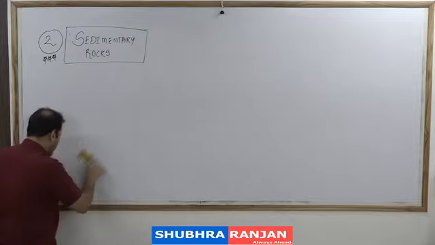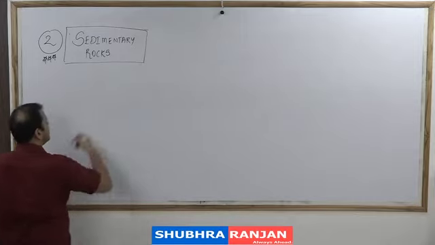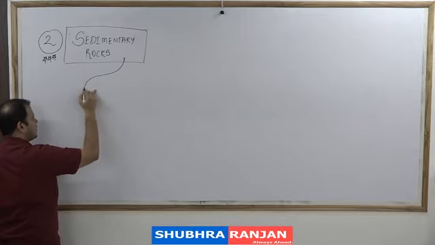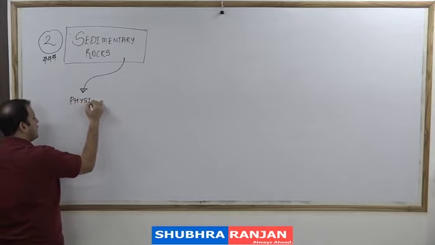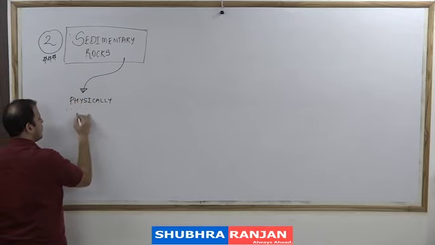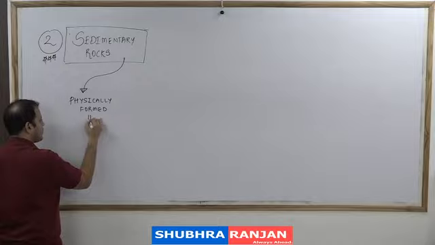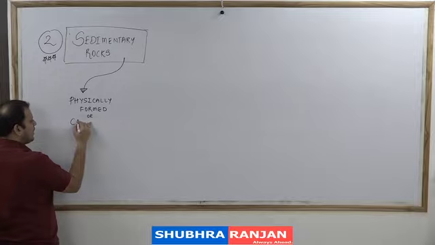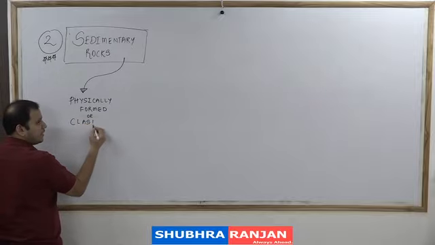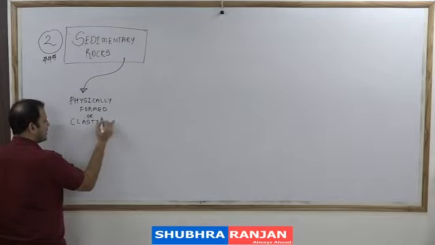See, on the basis of origin, we say that sedimentary rocks are of 3 types. One is physically formed sedimentary rock, or they are known as formed due to mechanical force, that is the clastic sedimentary rocks.